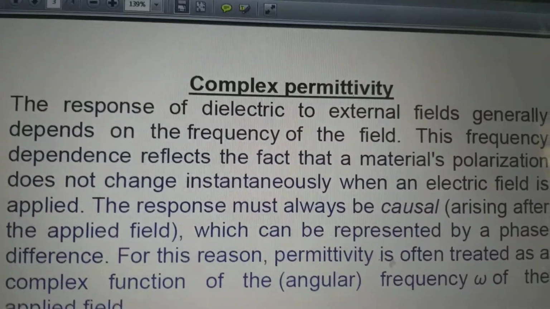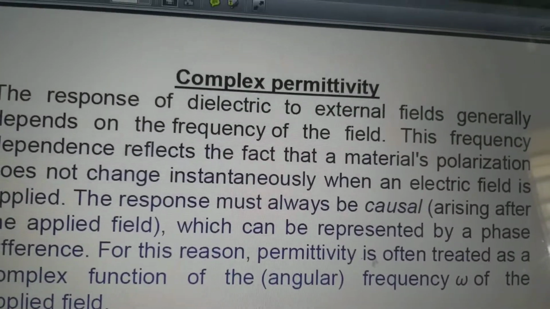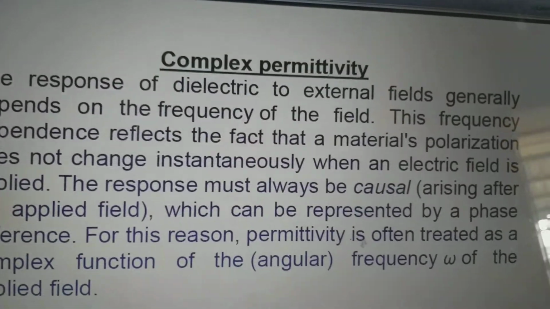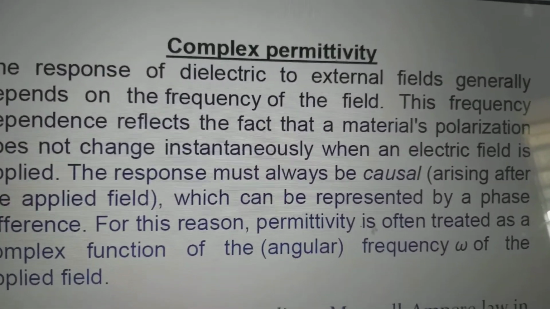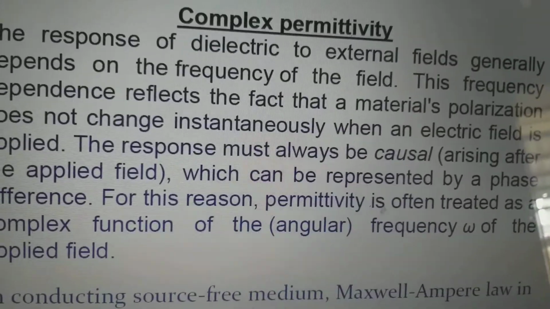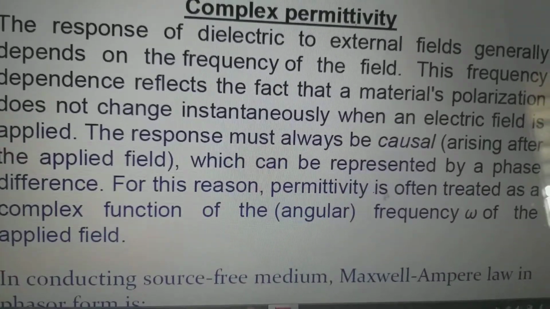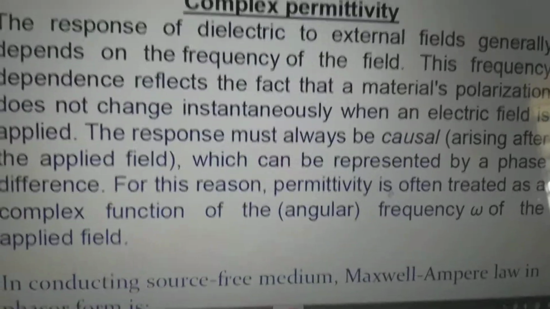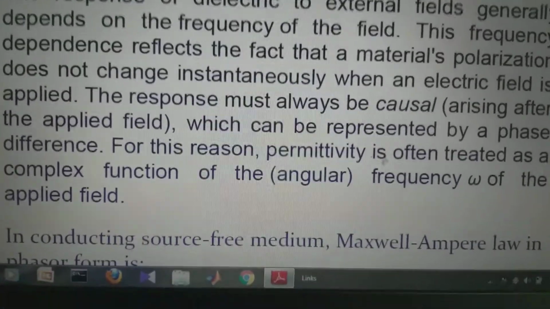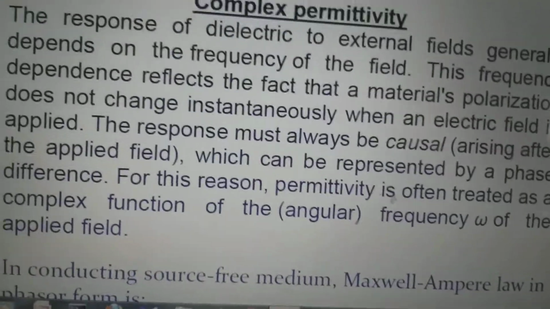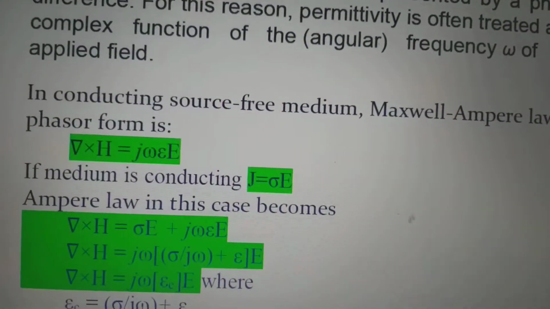This frequency dependence reflects that the polarization will not occur or change instantaneously when we apply the field. The response can be represented by a phase difference. For this reason, the permittivity is often treated as a complex function of the angular frequency of the applied field.